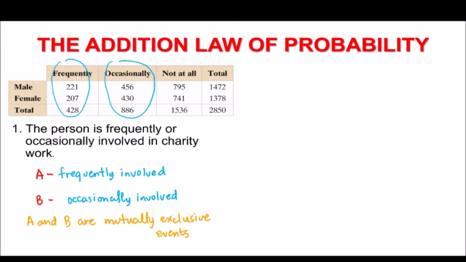So since they are mutually exclusive events, we can use the simplified formula. Probability of A or B is equal to probability of A plus the probability of B. So the probability that a person is frequently involved in charity work is 428 over 2,850.